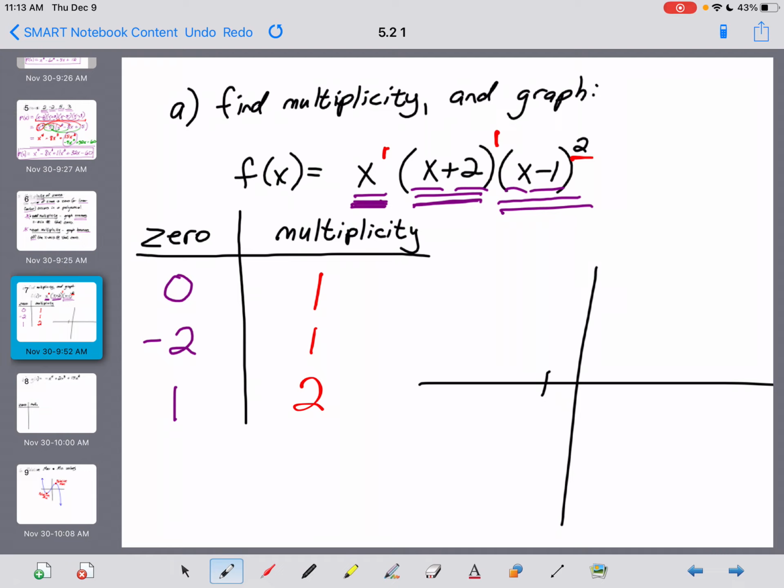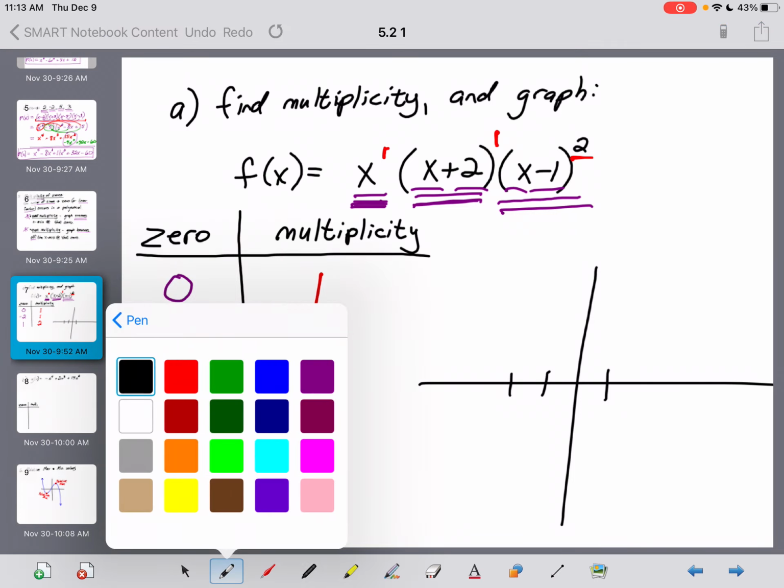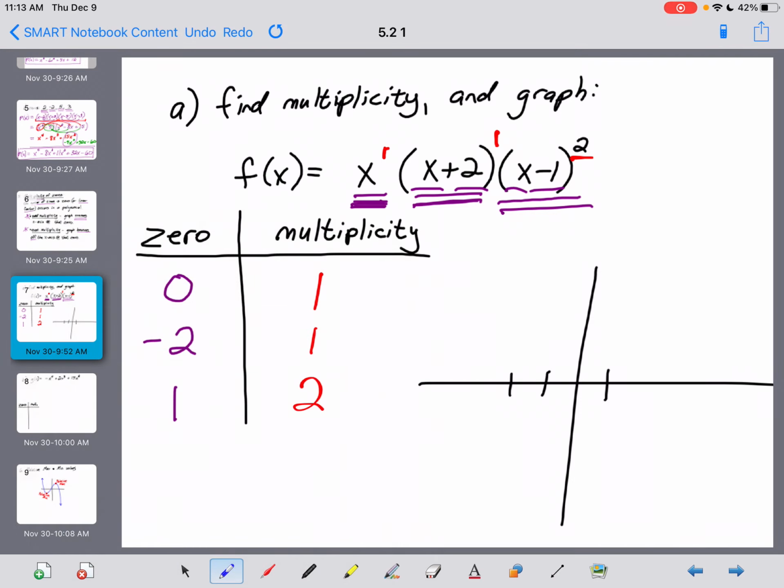Boy, everything is pretty close here. I've got to go to negative 2, 0, and positive 1, and that's really it. So let me go blue here, and let's see if we can graph this. This thing has a 0, which means it touches the x-axis at 0. It happens again at negative 2, and it happens again at positive 1. So I used those 3 numbers to come up with my x-intercepts.